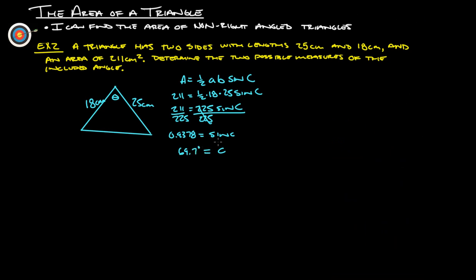Now, we also know that the supplement to this angle will also work for sine as well, right? So 69.7 works, and also C could equal 180 minus 69.7.